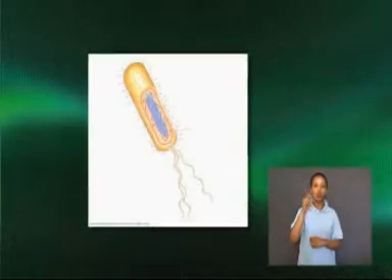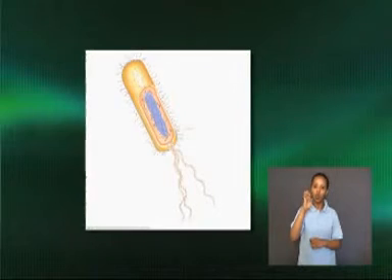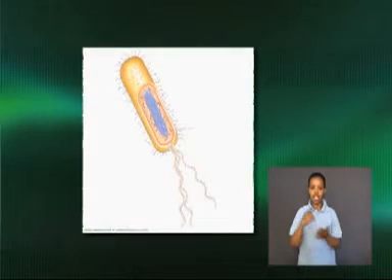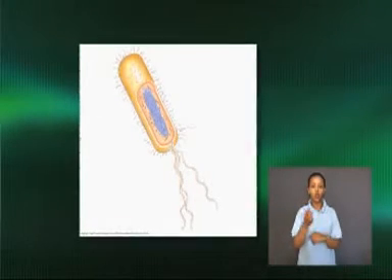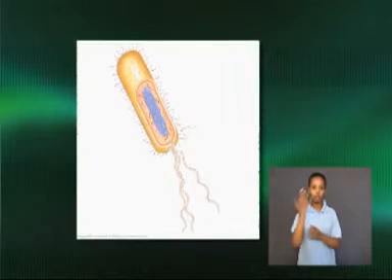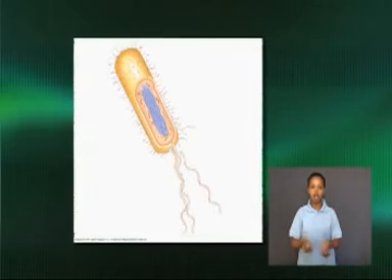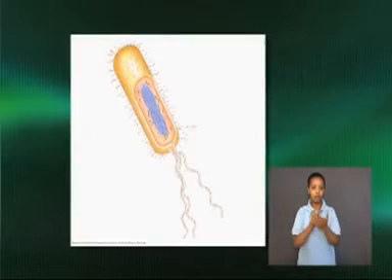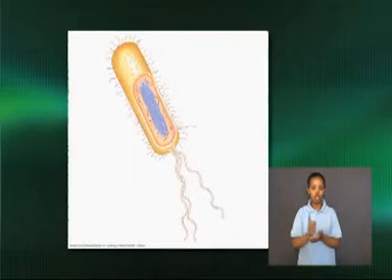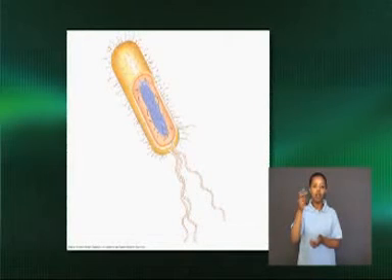Let us get started. The first organisms to appear on the earth were called prokaryotes. They are a group of organisms that do not have a true nucleus. While most are unicellular, a few prokaryotes have multicellular stages in their life cycles.